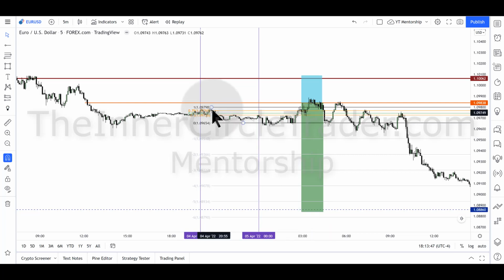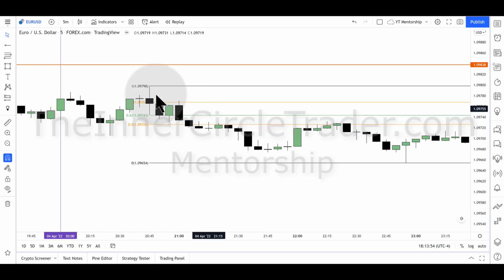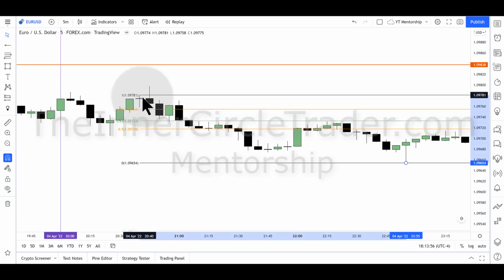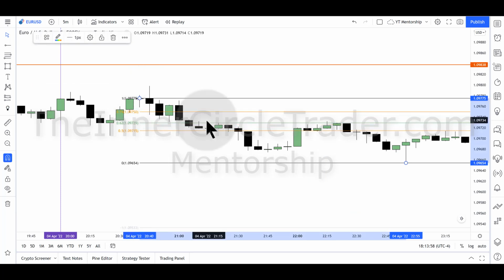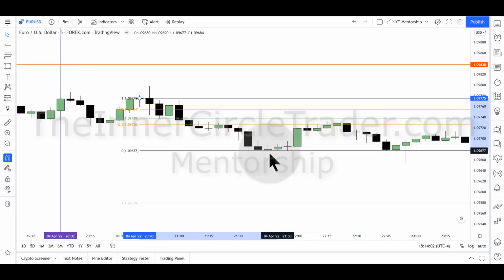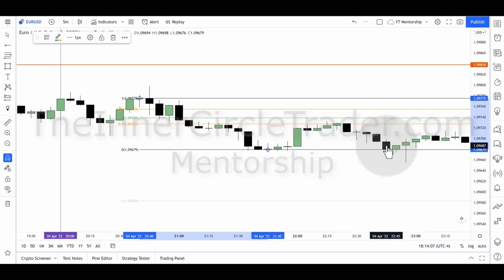So now we're going to go into this measurement on the bodies of the candle, the highest up close or opening to the lowest opening or close. Okay, I just want to double check the close on that candle. 679 open here, 679 open, 679 close, 679.